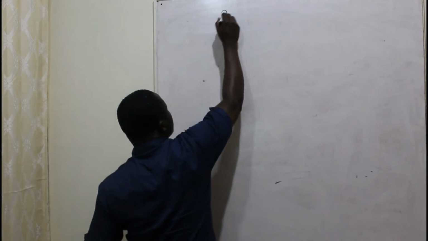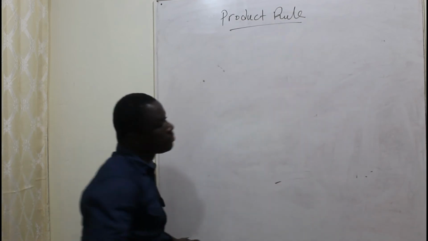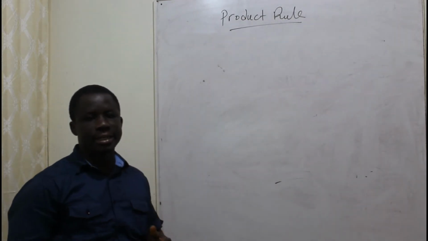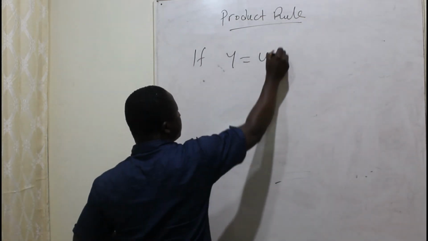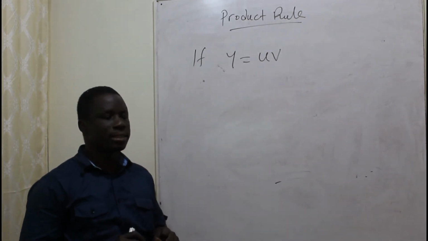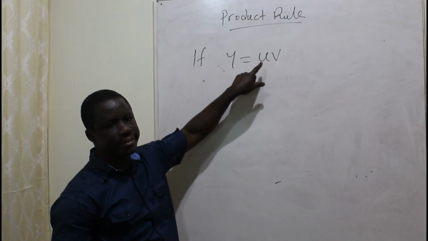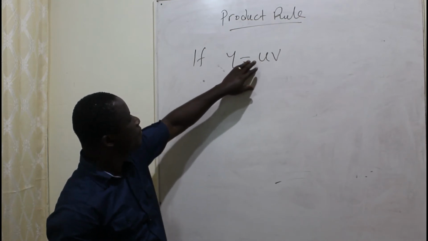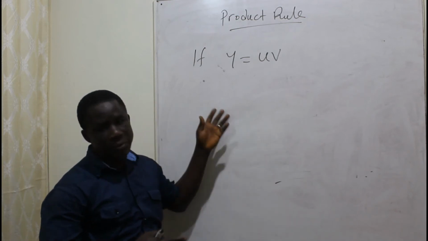Good. We want to consider the product rule in differentiation. The product rule in differentiation: if you have y equals uv, where both u and v are functions of x, that is, if you have two functions multiplying and you are asked to find the derivative of the product, you can expand, if possible, before you differentiate.